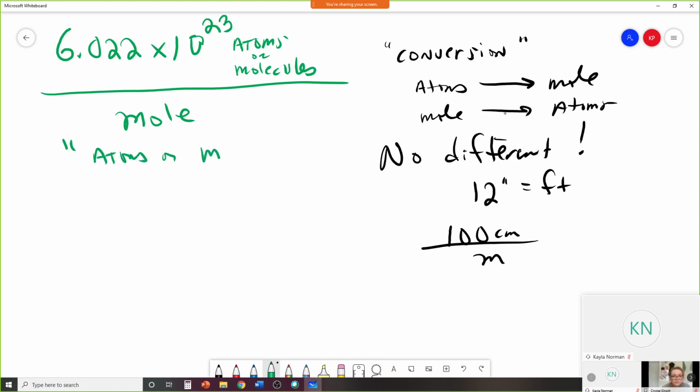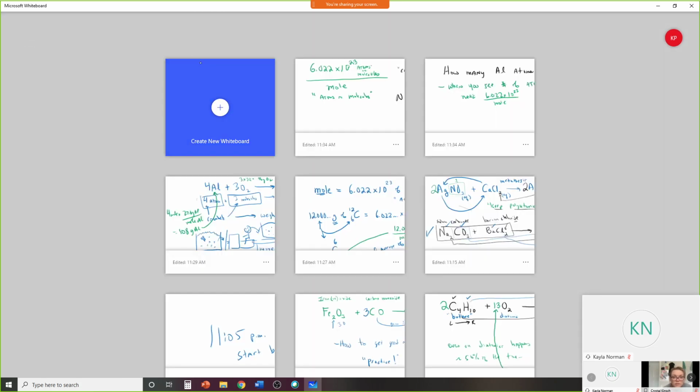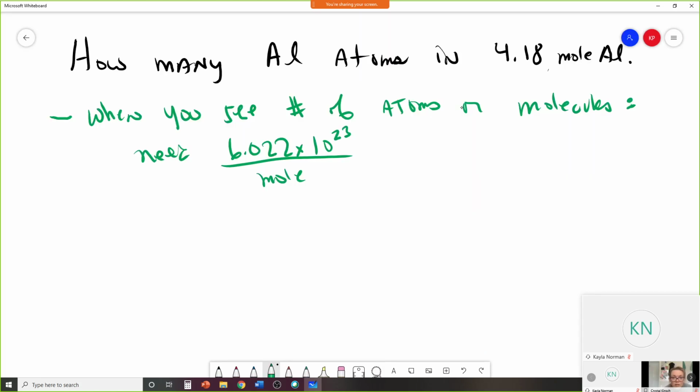This is for atoms or molecules. This is what I call looking for key words or key factors. Now, we're just working on Avogadro's number, on a relationship of 6.022 times 10 to the 23rd per mole. But let's back up. Anytime you see the words number of atoms or number of molecules, you're going to need this relationship. If you don't see number of molecules or number of atoms, then you do not need this relationship.